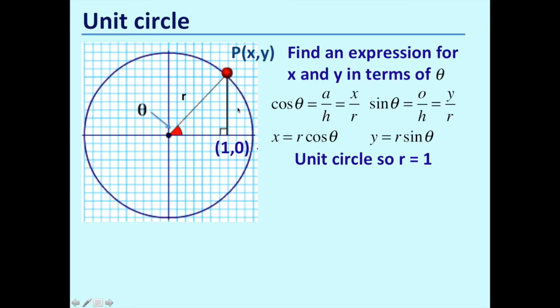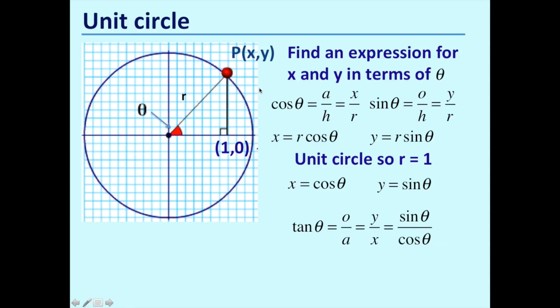Because it's a unit circle, we know that it has a radius 1 unit, so r equals 1, and we can therefore say that x will represent cos theta and y will represent sine theta.